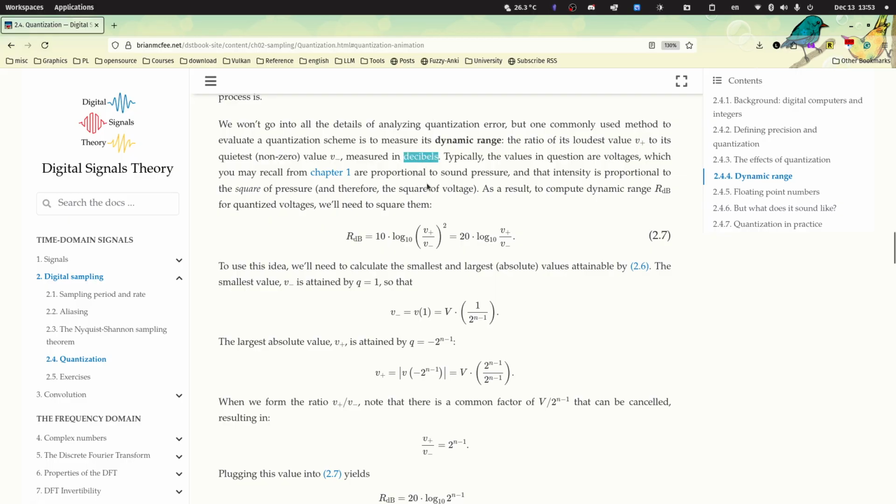Measured in decibels. I guess they use audio as an example, that's why. But anyway, typically the values in question are voltages, which you may recall from chapter 1 are proportional to sound pressure, and intensity is proportional to the square of pressure.